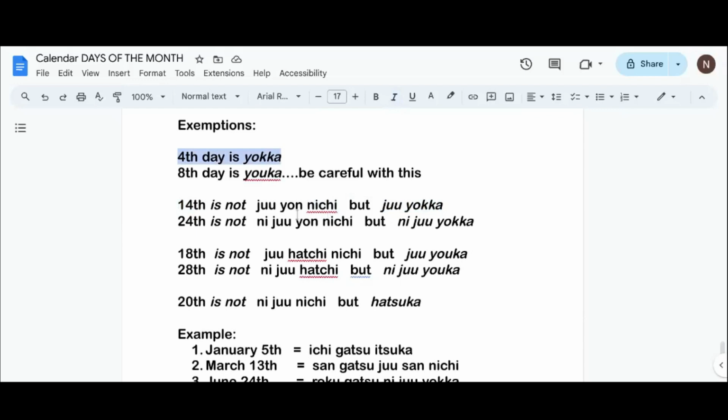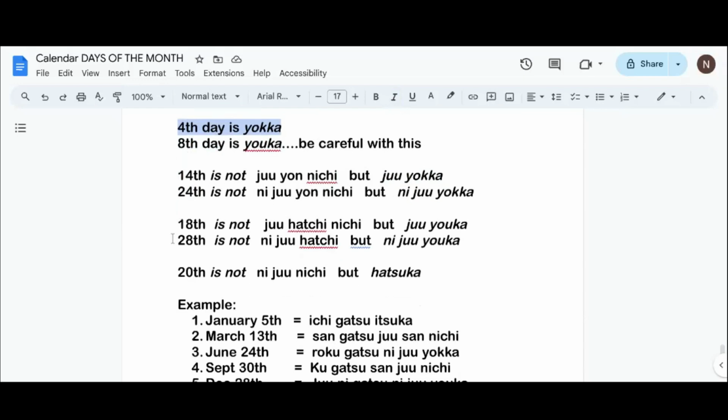Juyoka, for the 14th. For the 24th, not nijuyon nichi, but nijuyoka. Nijuyoka is the 24th.